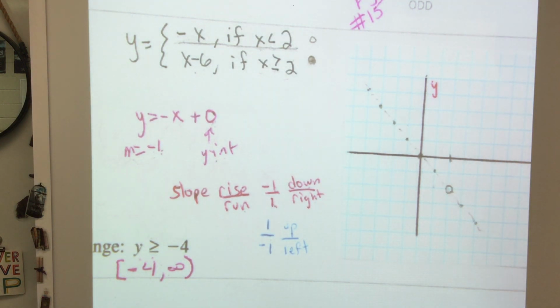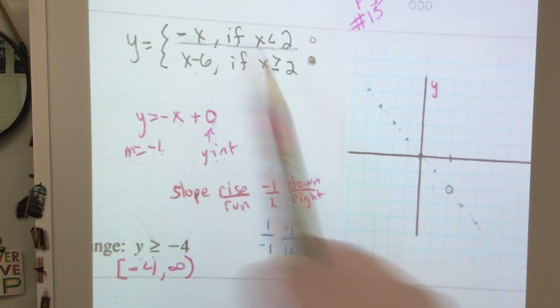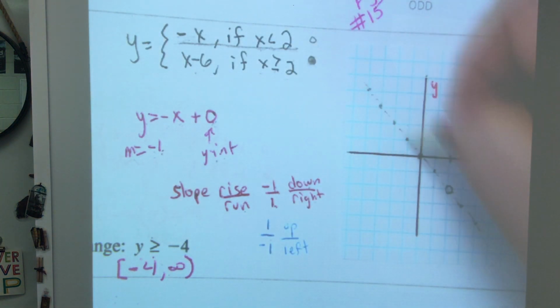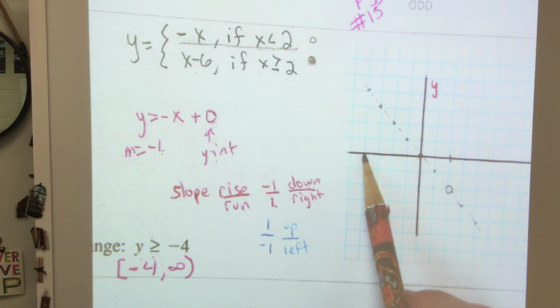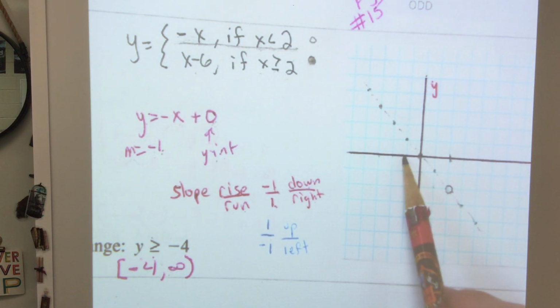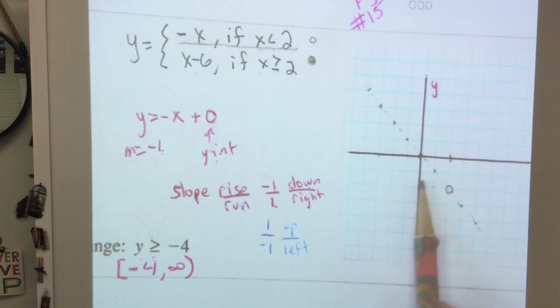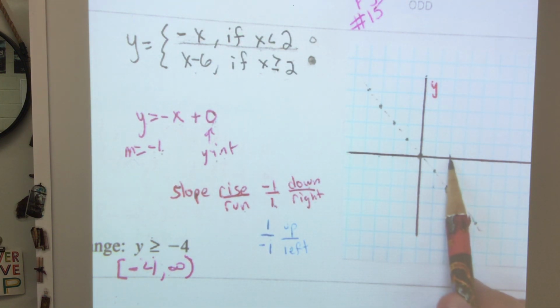There's another way to do this if you want to check your work. Since I know it goes through all the points in the diagonal, it hits negative 4, negative 3, negative 2, negative 1, 0, 1, 2, 3, 4, and so forth. How about I plug in 2 just to see if negative 2 is my answer?